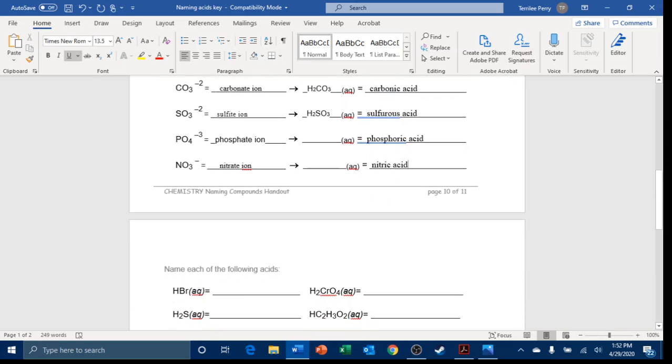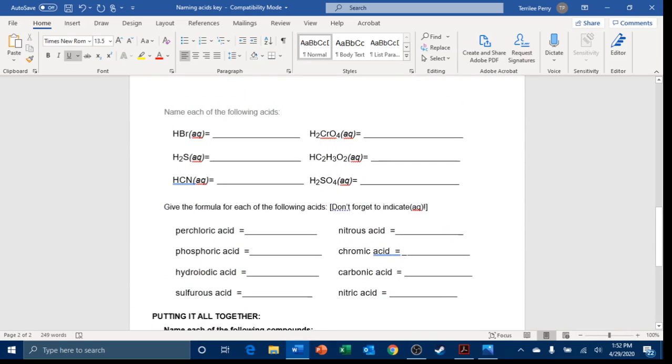Okay, so let's go on down and let's look at these acids. This is HBr. So we know that it's binary. So we're going to start out with hydro. Okay, so we know what that is. And Br, I can look on my periodic table and see that Br is bromine.